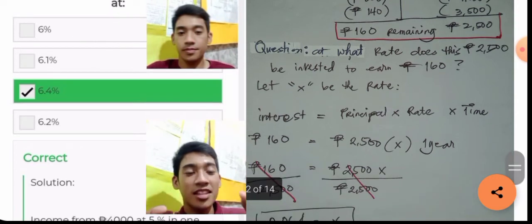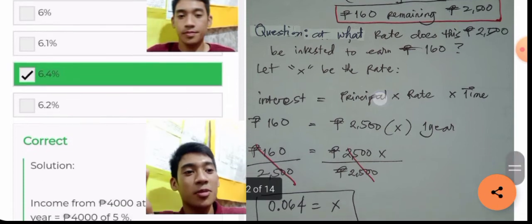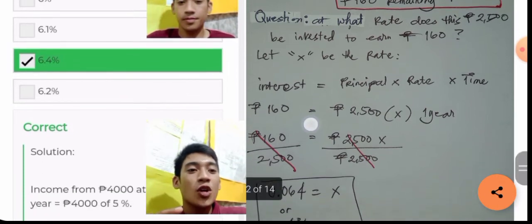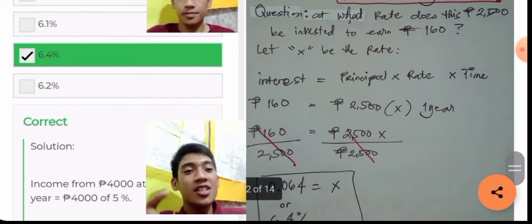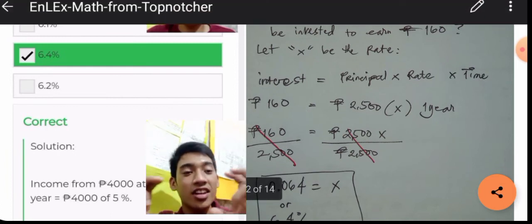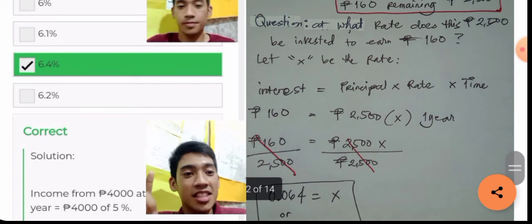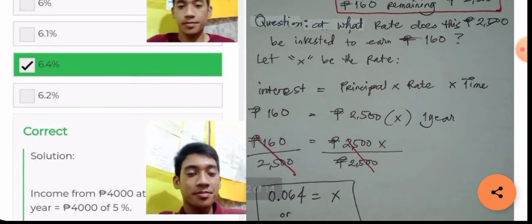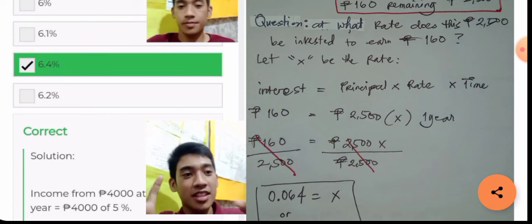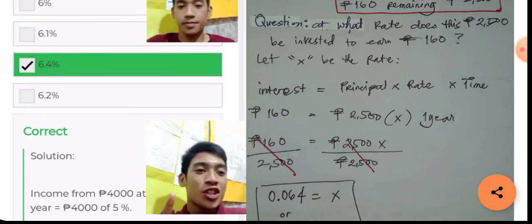The same formula, interest equals principal times rate times time, wherein your interest here is 160 pesos. That is the target interest already. 160 equals 2,500 X. Why X? Because let X be the rate. We do not know what the rate, the percentage, is, times 1 year. So 2,500 X.